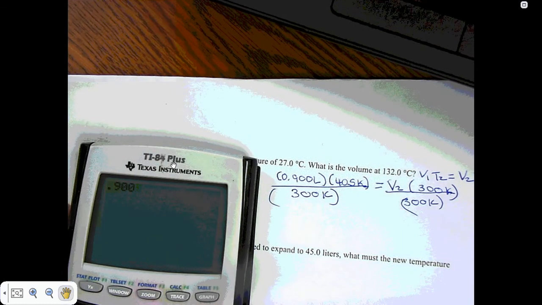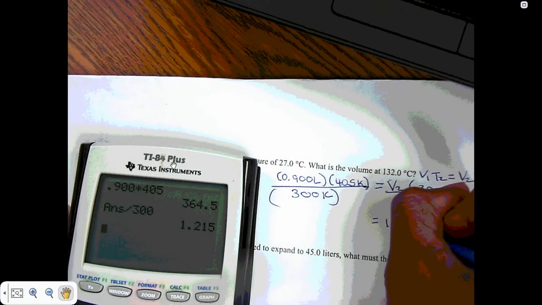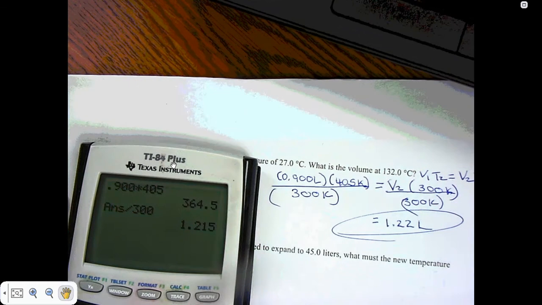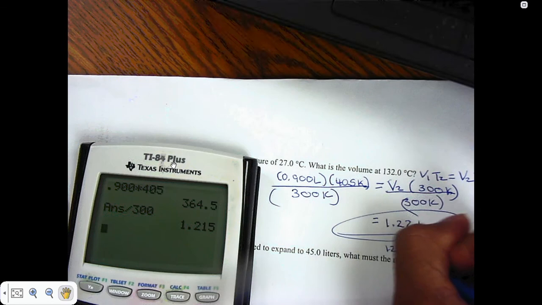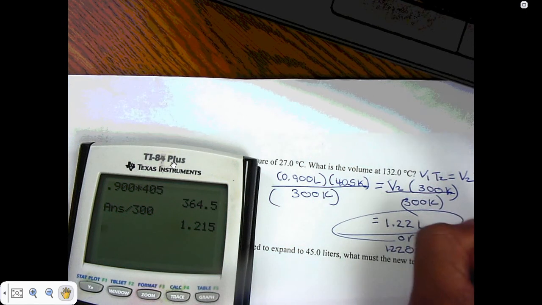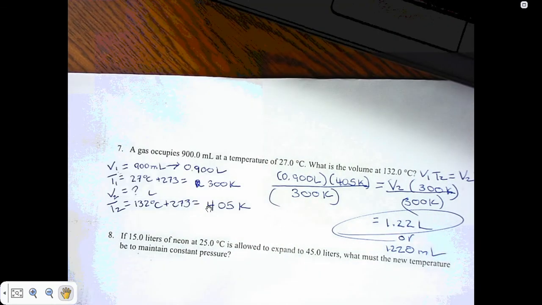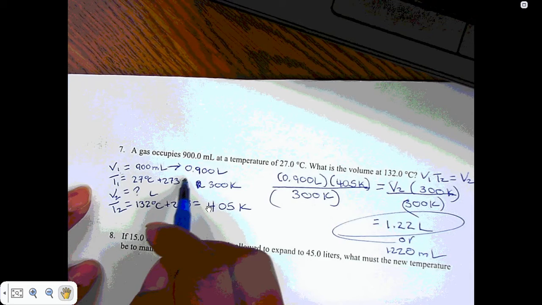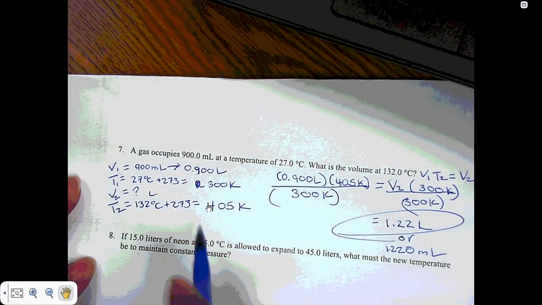0.900 times 405 divided by 300 yields a value of 1.22, and that is in liters. Now, as we stated earlier, this should also increase according to the direct relationship shared in Charles' law, which states that as volume increases, temperature shares a direct relationship, which means it consequently increases.